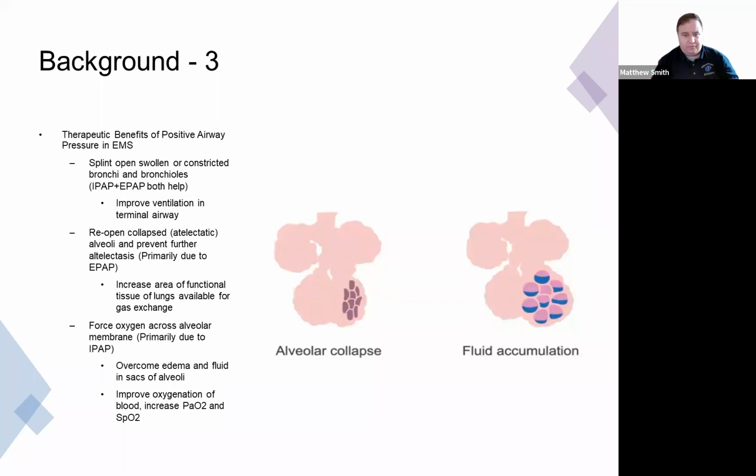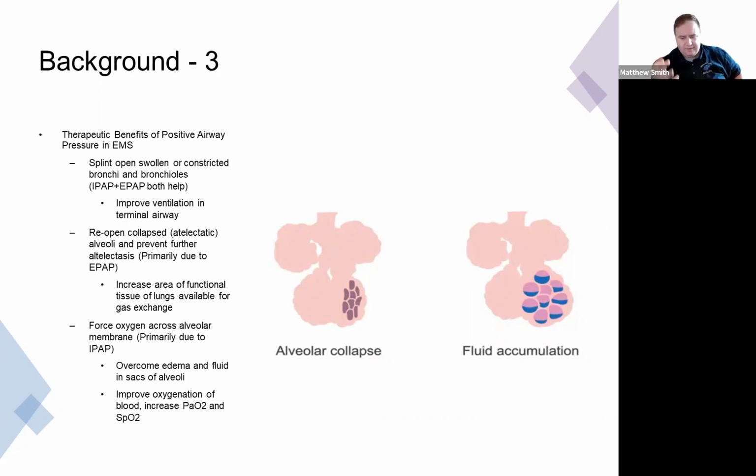Atelectasis is another word for collapse, right? So when the alveoli collapse in on themselves, they become atelectatic, and CPAP can reopen those collapsed or atelectatic alveoli, and that increases the area of the functional lung tissue, also called the parenchyma, that's available for gas exchange to occur, right?